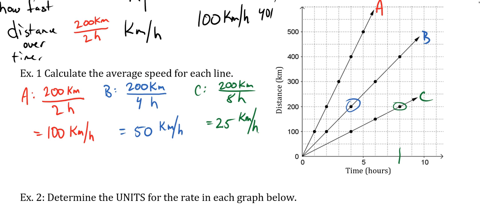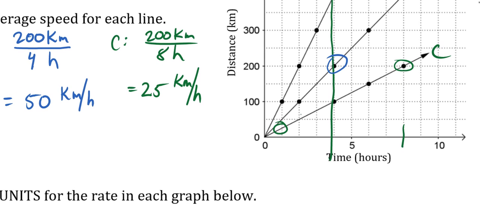Yeah, I think we could, look at right there. I could have used 4 hours for each of them. Now, I don't have to use the points that I'm given, these dark black points. I don't have to use them. I could use this point here, right? I'm pointing at this one right here. I could pick whatever point I want. I want to pick a point that I can read properly. So I don't think I want this point, because I'd have to guess.